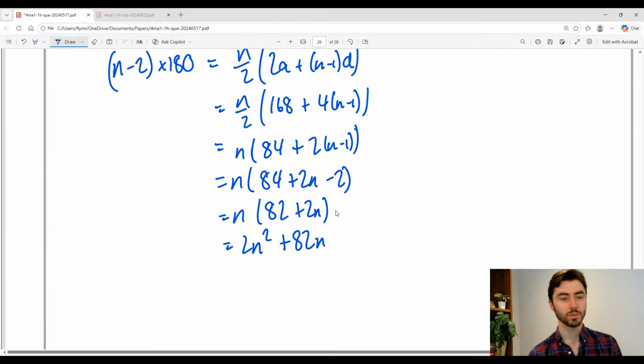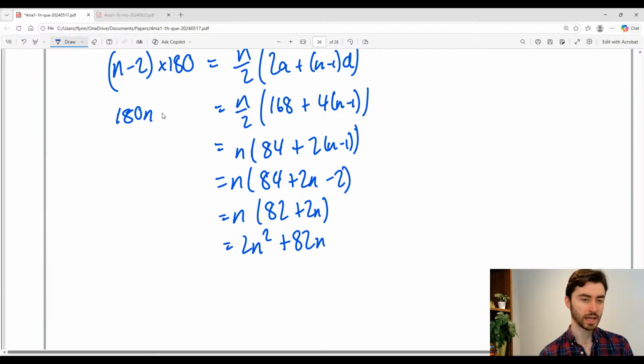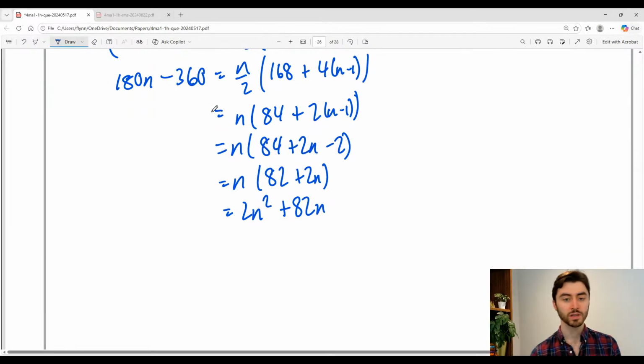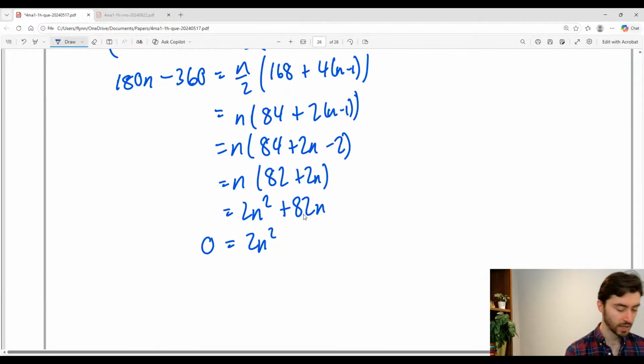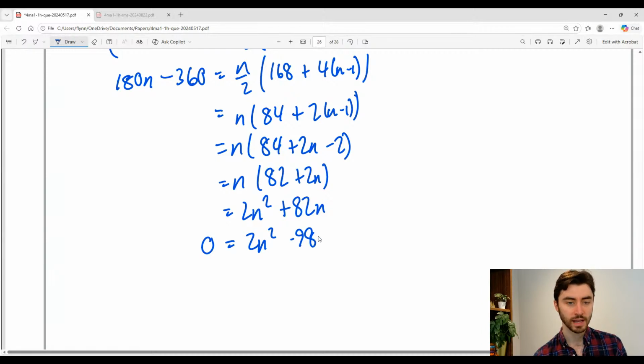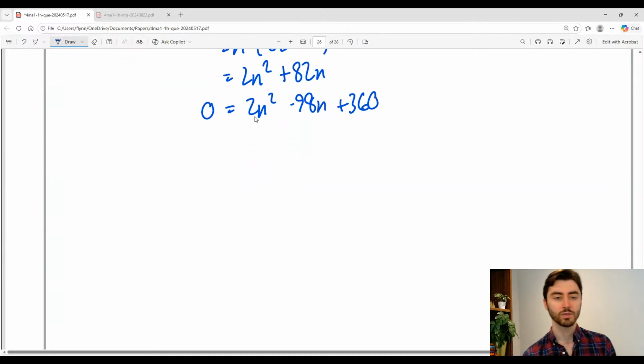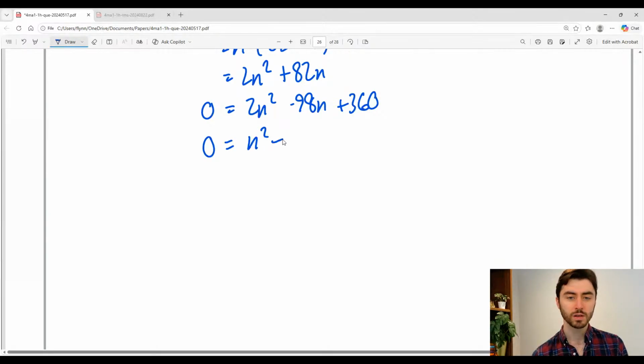And that is going to be equal to 180n minus 360. This gives me a quadratic equation. So by bringing everything to the right-hand side, 82 minus 180 gives me minus 98n, and then plus 360, not making a sign error. I can divide both sides by 2.